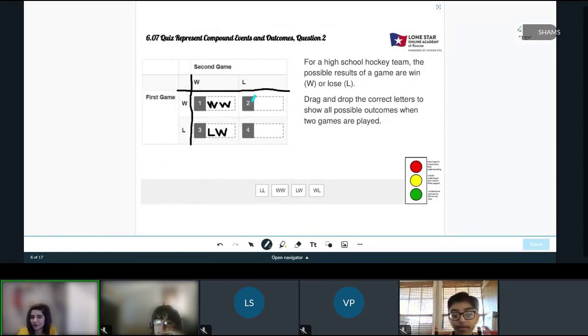Then for box 2, for game 1 it says win, W. I'm going to go up to find the second game. It's L. L means lose. Again, over here for box 4, both are lose. L and L. If you line up, like how you read graphs, it's just L, L. They lose both games.